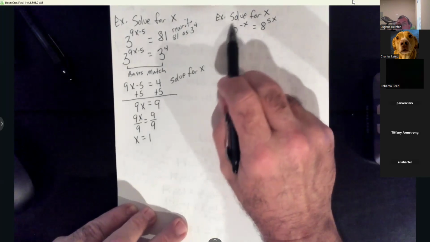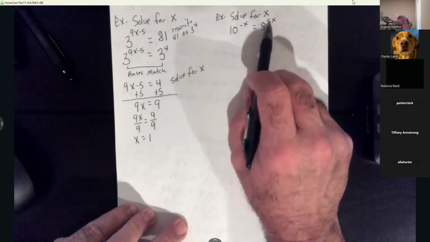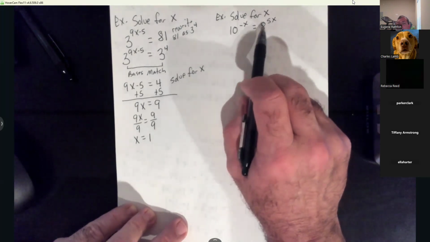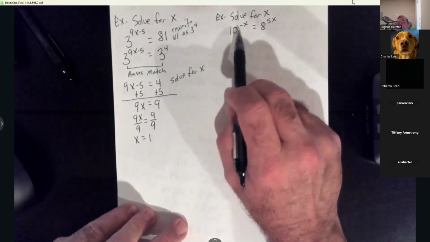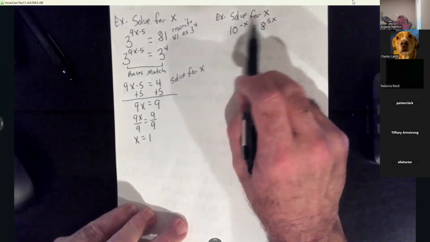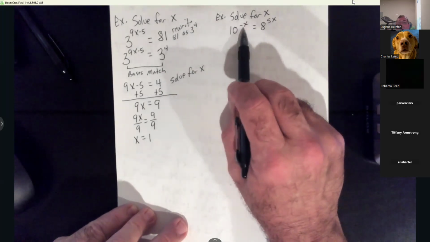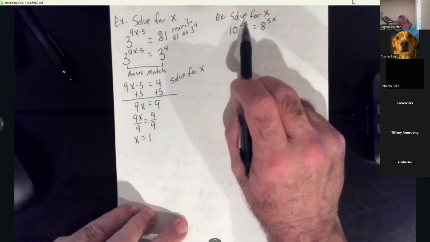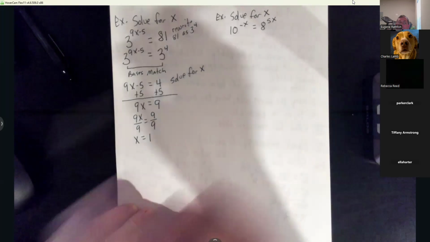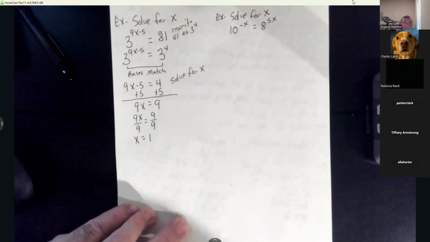Now, I think everyone I've seen had 10 to the negative x on the left side. What they were changing were the 8s and the 5s here. But y'all check this out. You've got two different bases, and the variable is the exponent on both sides. There's only one exponent that I could raise different bases to and give me the same answer.